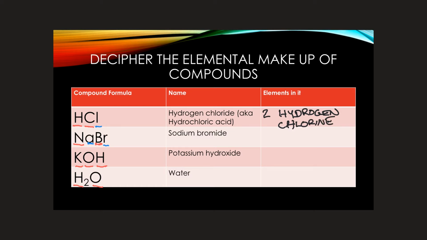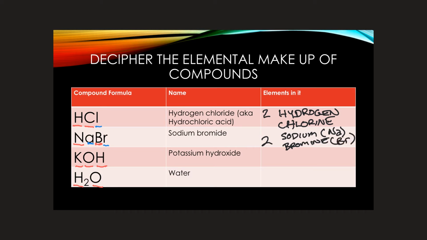Now, the next one is 2 elements also, and they are sodium, and that's the Na. So if you look up on your periodic table, sodium is Na, and then bromine, that's the Br.